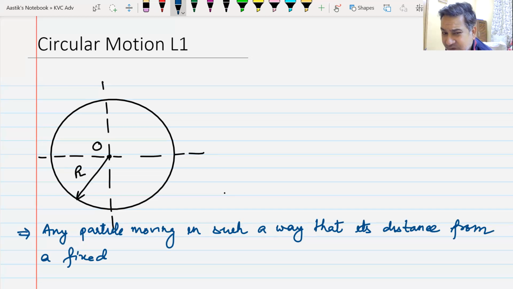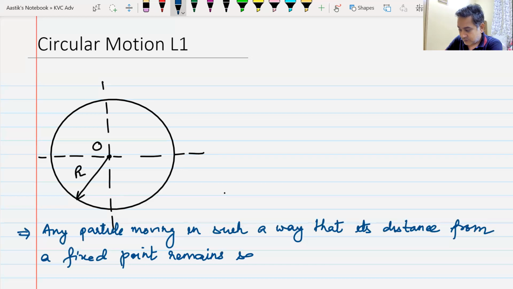This is only applicable for circular motion. When we come to rotation, something might change. That is, distance from a fixed point remains the same, constant. Then we say that it is moving on a circular path.